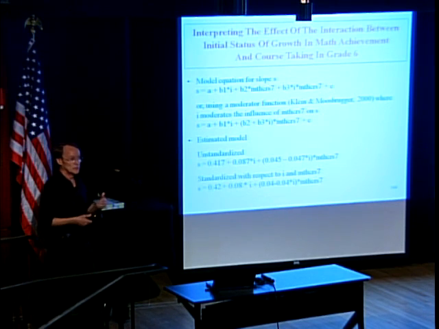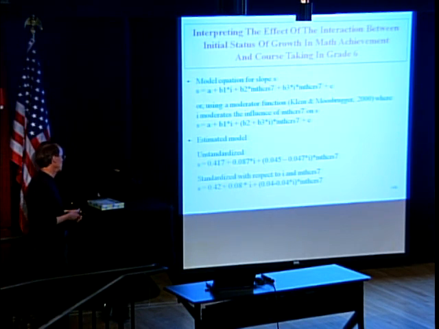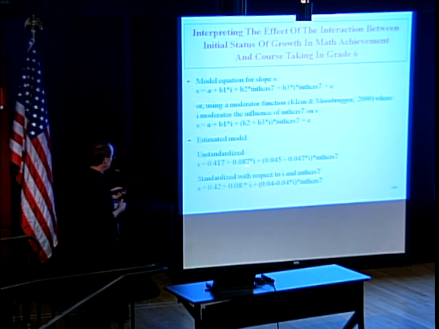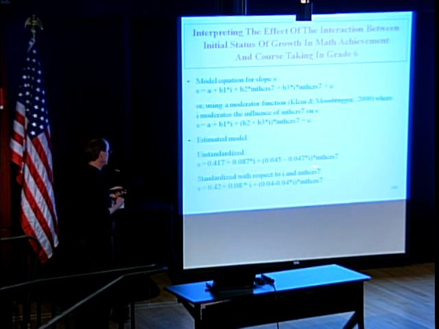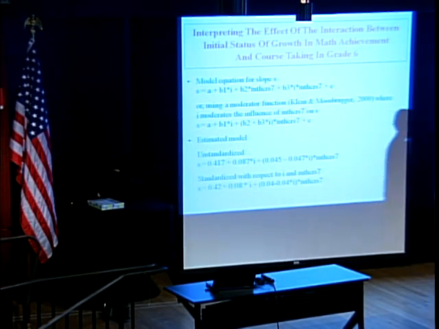And standardize with respect to right-hand side variables, independent exogenous x variables, means that we multiply by their standard deviations. So this coefficient, 0.087, gets multiplied by the standard deviation of I to get this standardized value. And likewise, the math course taking 7 coefficient gets multiplied by the standard deviation of math course taking to get this standardized value. In this case, I just did that by hand, actually.